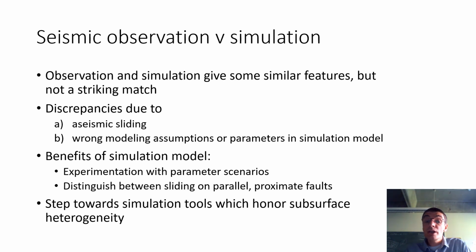It is easy to experiment with different parameter scenarios, and the model can also distinguish between sliding on faults that are very proximate and thus are difficult to distinguish in seismic observations. So our conclusion here is that this is one step towards simulation tools that better honor the heterogeneity of the subsurface, which has a critical impact on these processes.